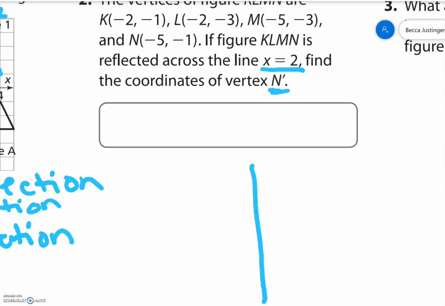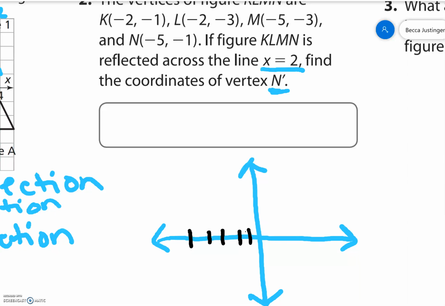On your test, I will give you scrap graph paper so that you can practice these. So N is at -5, -1. So here's the original N. It's at -5, -1. They want us to reflect across the line x equals 2.